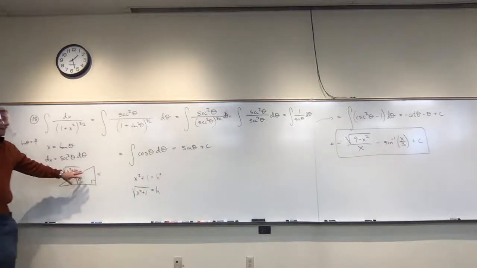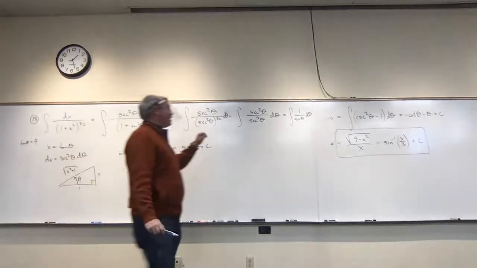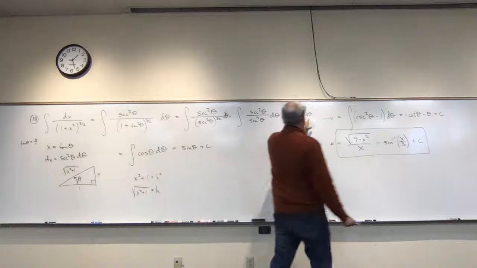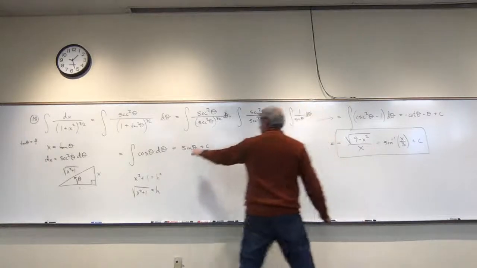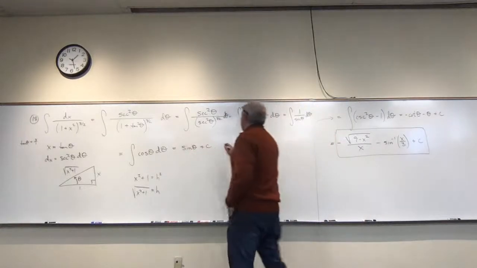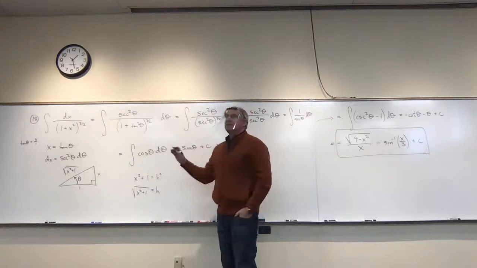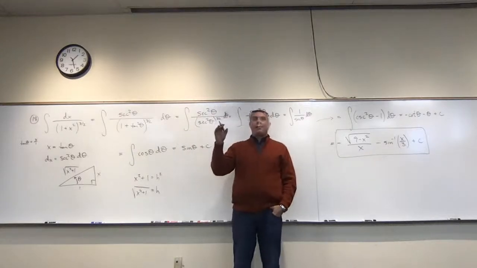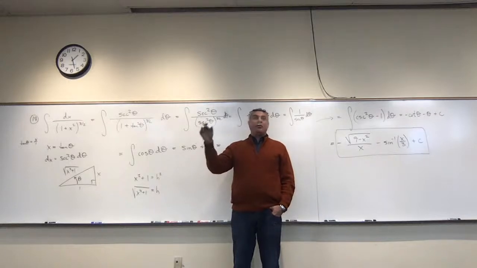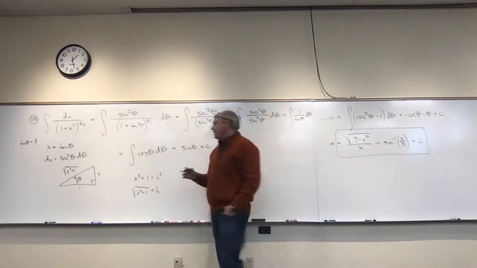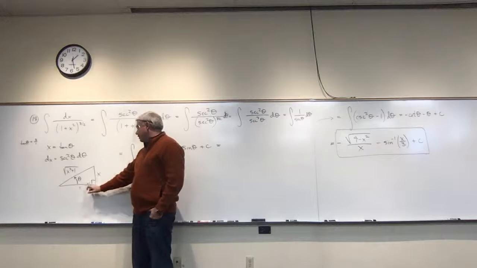Now that I know that, I come back to where I was, which was right here. And I have sine of theta. So what is sine of theta? Sine is what? Opposite over the hypotenuse. So what is the opposite side of this triangle?